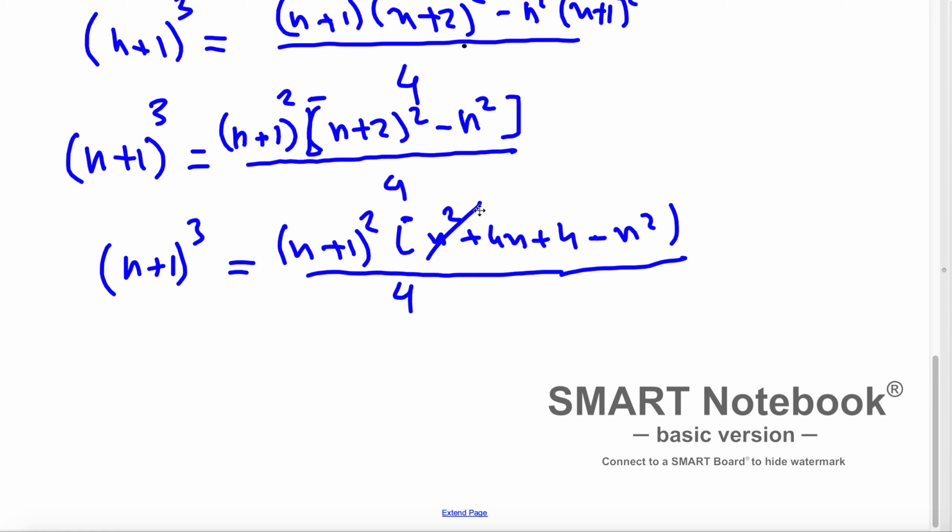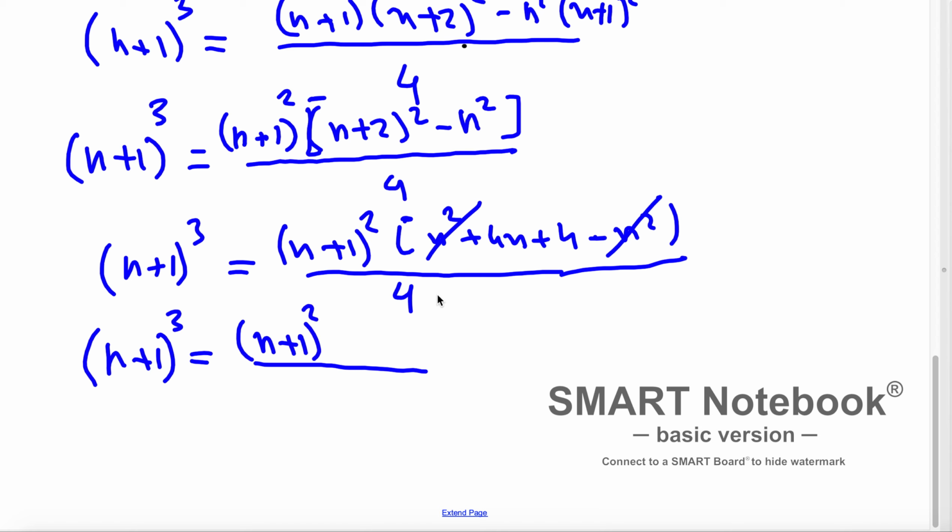And as we see here, n square minus n square is cancelled, and here remains n plus 1 cubic, which is going to be equal to n plus 1 square, and here 4n plus 4 divided by 4.